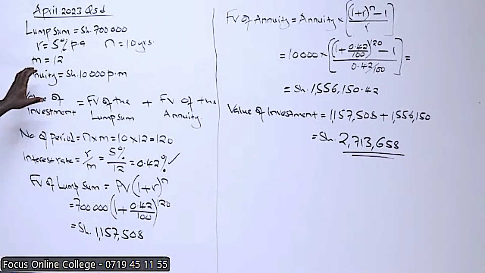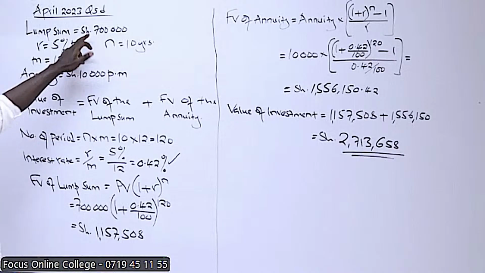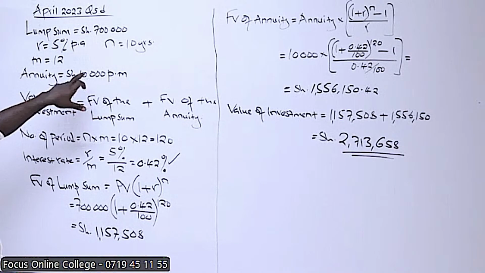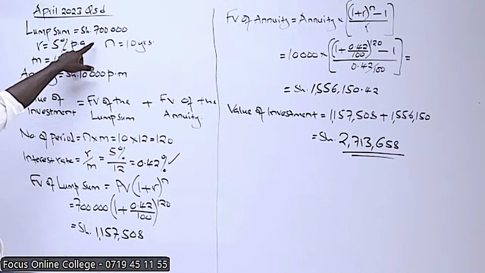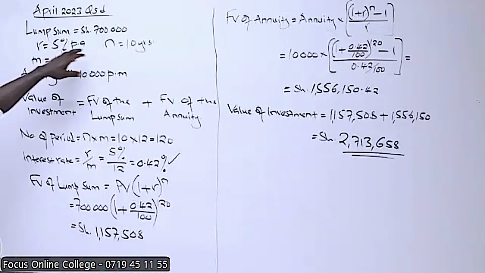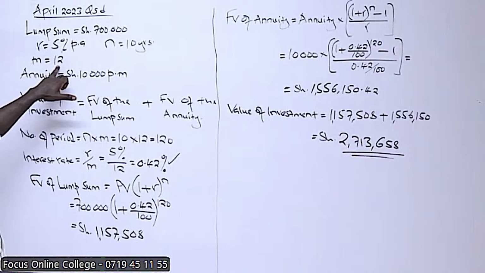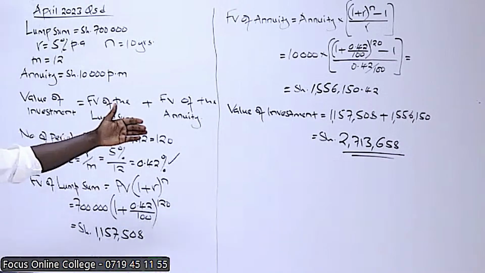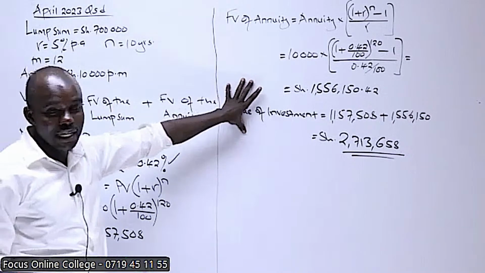Without knowing that one is a lump sum and there will be an annuity, and also knowing that how you get the future value of the annuity is different from how you get the future value of a lump sum. Plus again, adjusting the number of periods with the number of times compounding occurs in a year and adjusting the discount rate to reflect the number of times compounding occurs in a year.